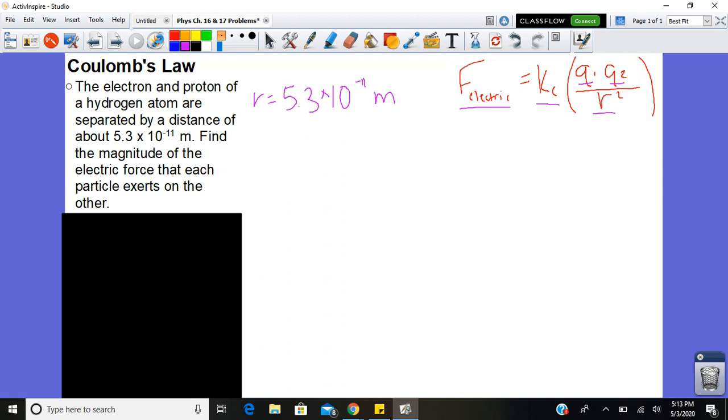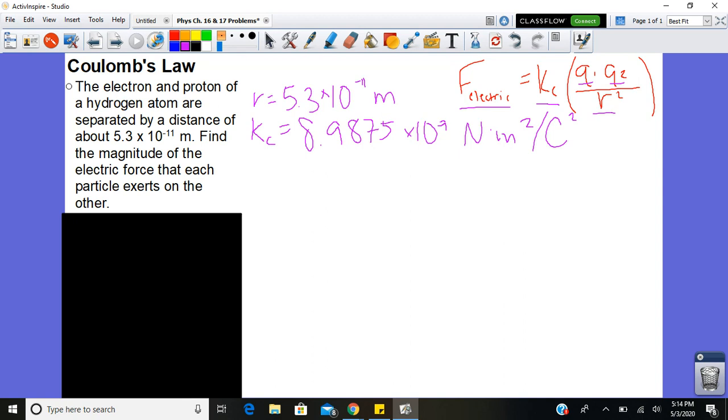Okay, we also always know our Coulomb constant. That's always the same number, and it's going to be 8.9875 times 10 to the ninth newtons times meters squared divided by coulombs squared.